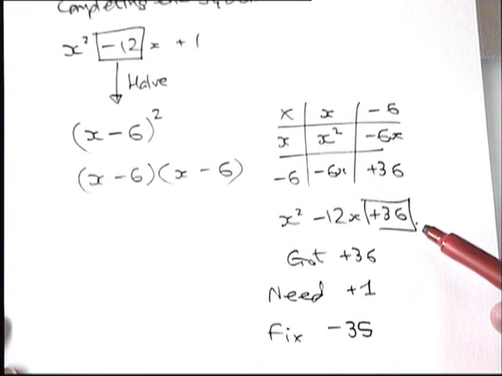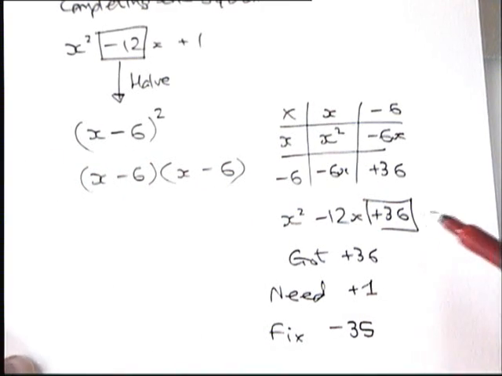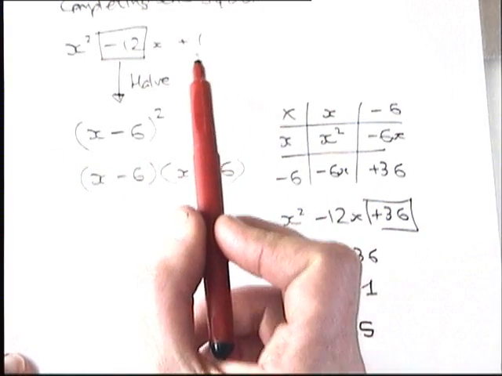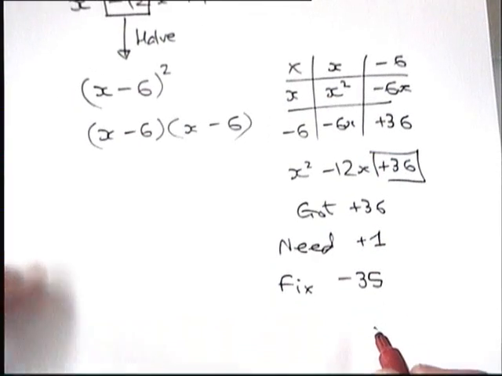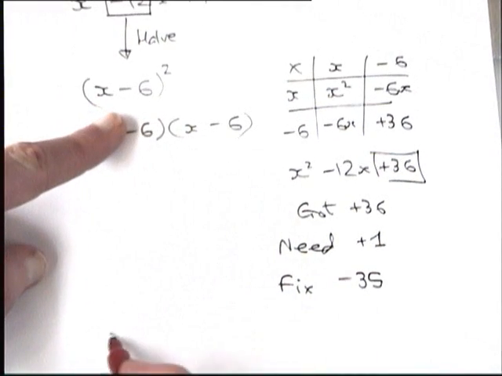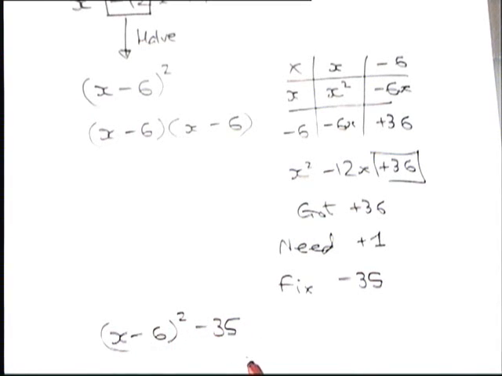So what I've got so far from my bracket was a plus 36 at the end. What I need from the question is a plus 1. And to get from plus 36 to plus 1, I need to do a fix of minus 35. And it's that minus 35 I stick on the end of the bracket up here. So my answer will be (x minus 6) all squared minus 35.